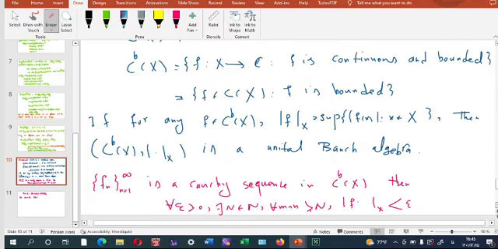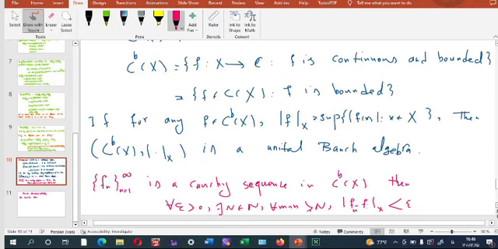f_n minus f_m. This is the definition of Cauchy sequence.